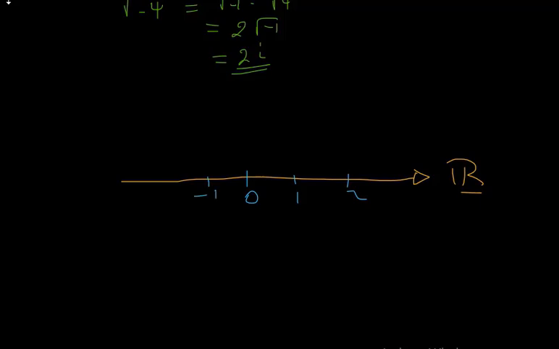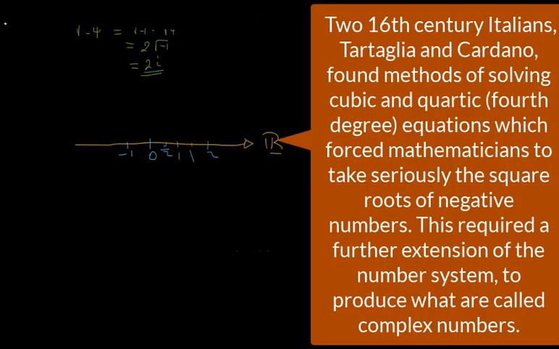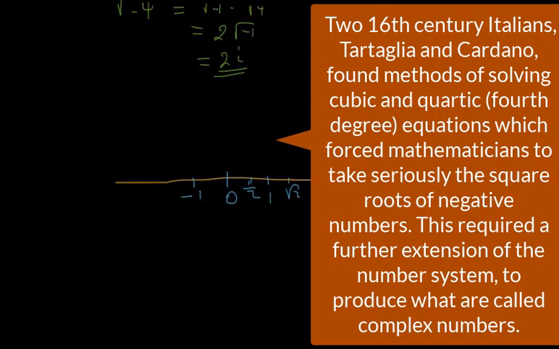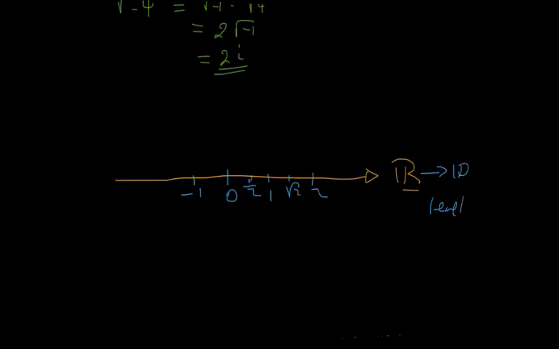You also have negatives. You have here 1/2, and between these two, 1.4, the square root of 2, and so on. So we can represent a real number on a number line. That goes to one dimension. It has length. A line has length. It is one dimension.